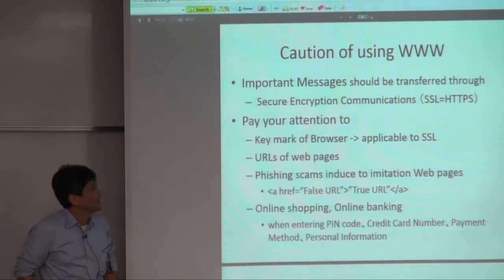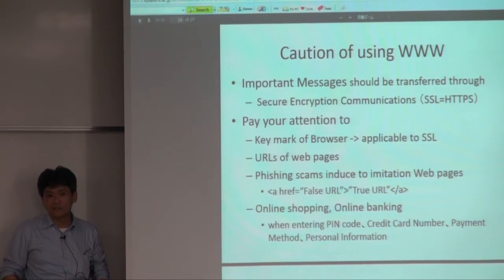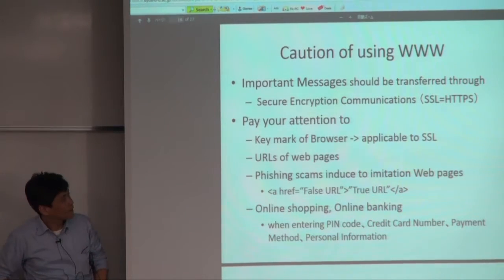In using such a service, you have to enter your important information, credit card number or banking number and so on.